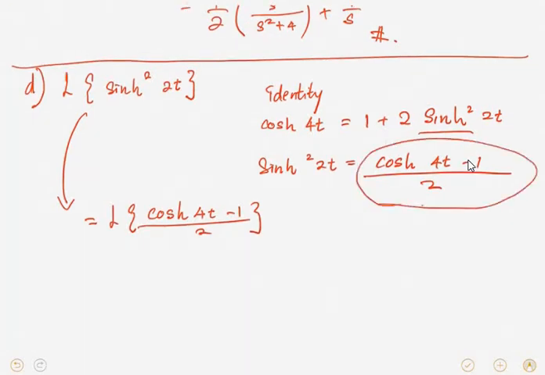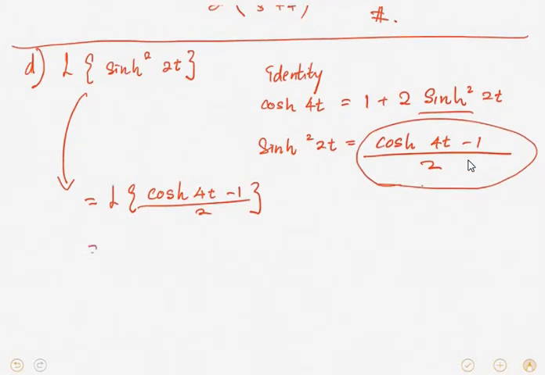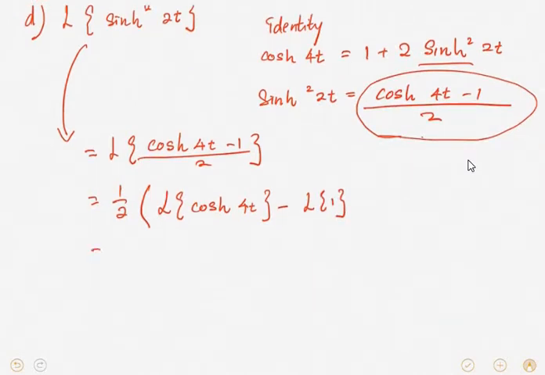So this is equivalent to half of the Laplace transform of cos 4t minus the Laplace transform of 1. For the cos, we have cos at equivalent to s over s squared minus a squared.